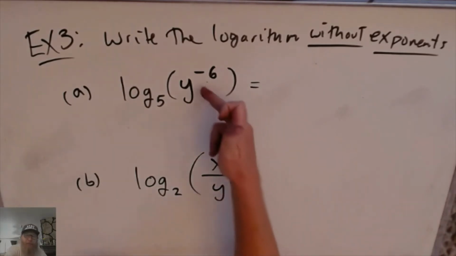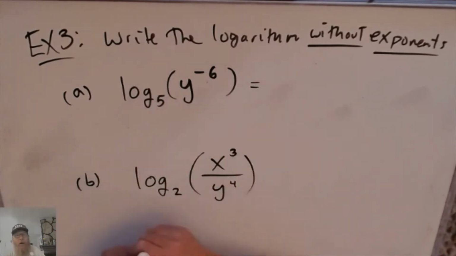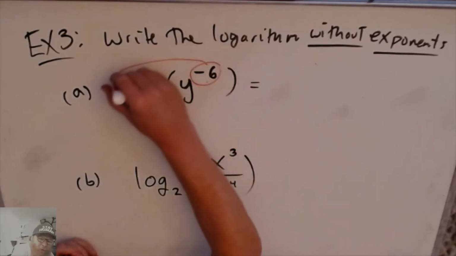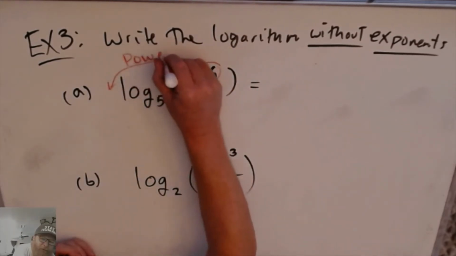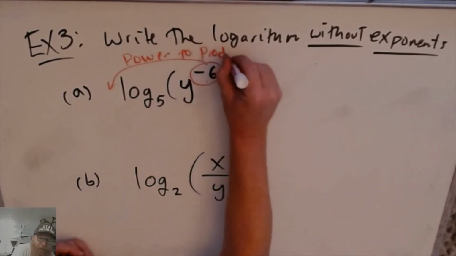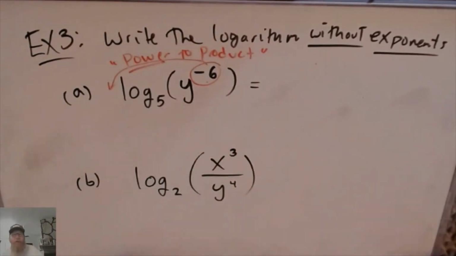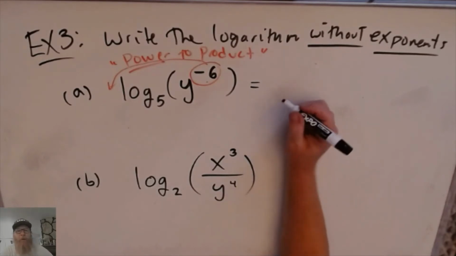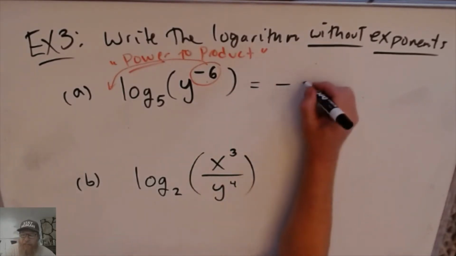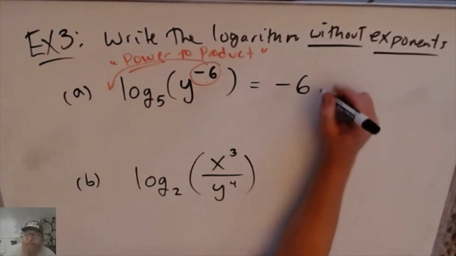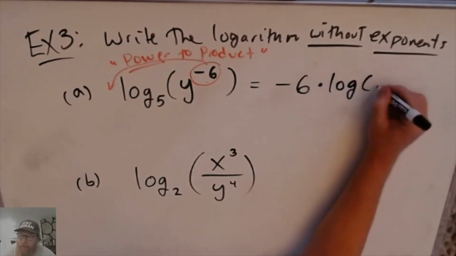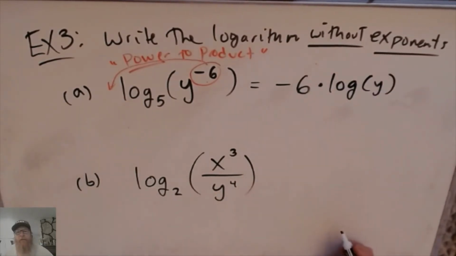So this time, instead of putting the power up, we're using the power property the other direction. Power becomes product. We often just call that the power property or the PP property, power to product property. So that -6 comes down to the front and becomes a multiplier or a product of the log.